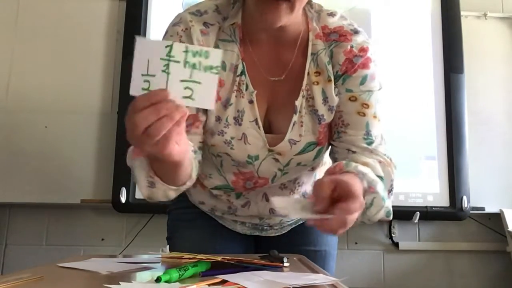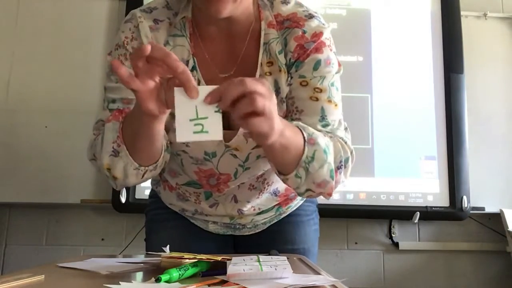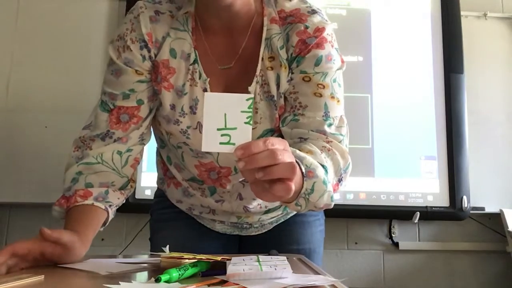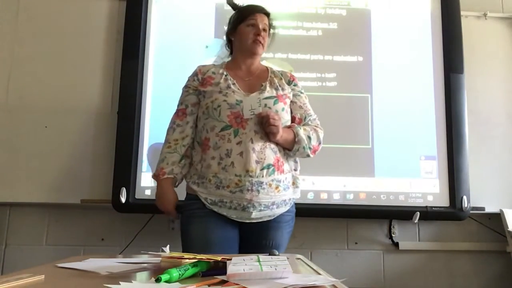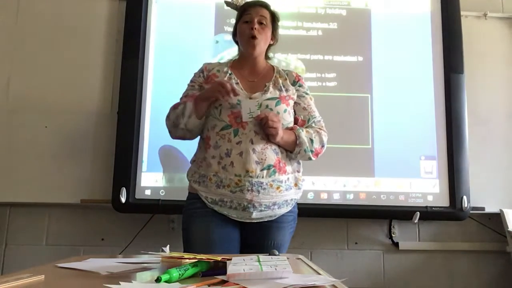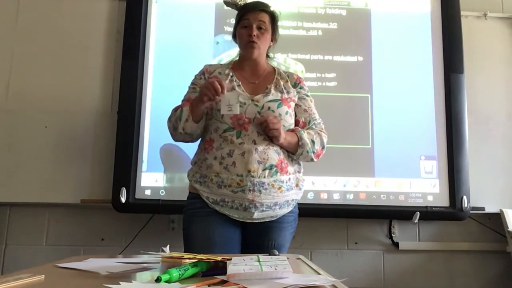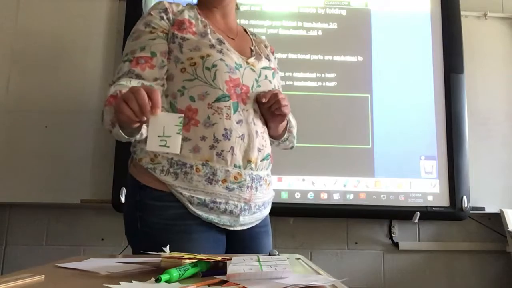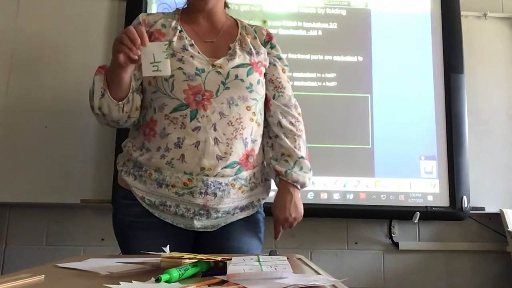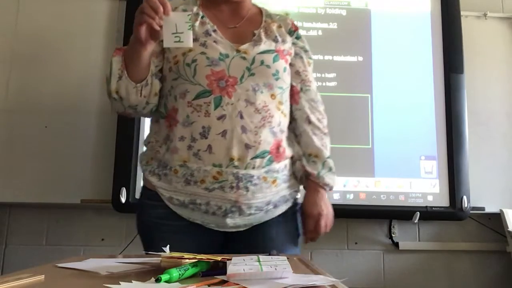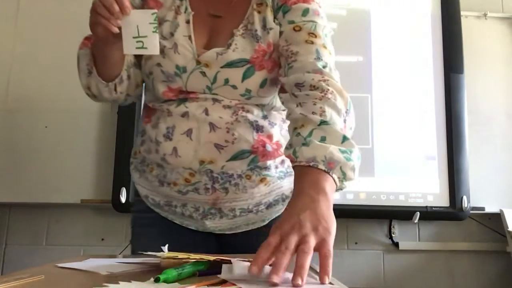Let me find it. All right, here's my half. Now fold it in half. So you just have 1 out of the 2 parts here. All right, so let's think about this. What other parts of the whole are equal to 1 of these halves? Well, what I would do is I would take the other wholes and fold them into 1 part.